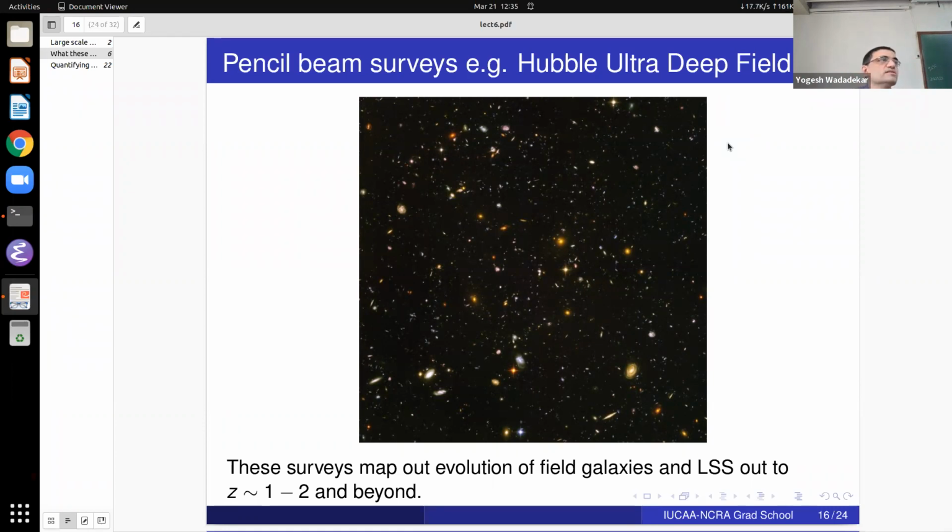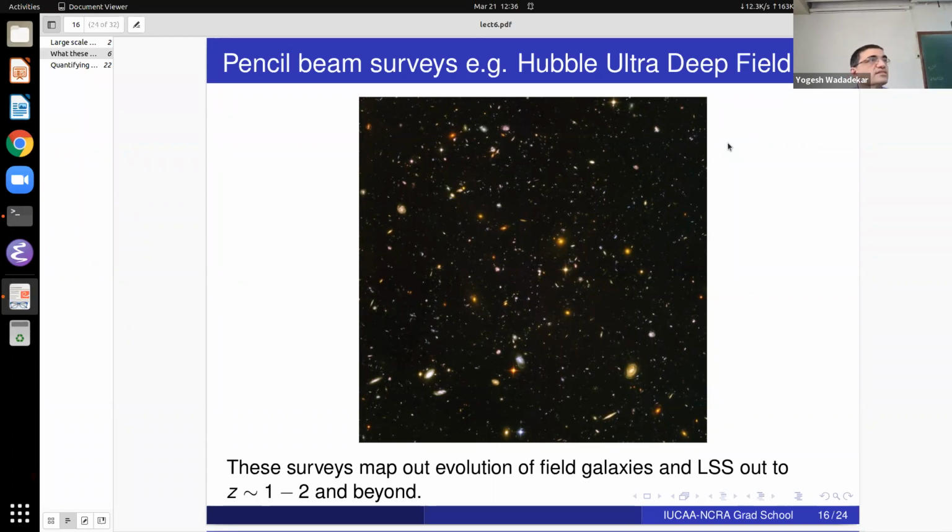So it's non-homogeneous, and therefore it becomes very biased. But there are statistical techniques to estimate this cosmic variance and try to minimize it. These pencil beam surveys allow us to map the evolution of field galaxies out to redshift 1, 2, and beyond.